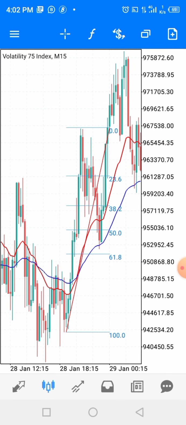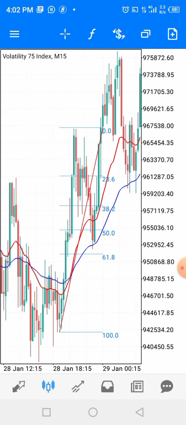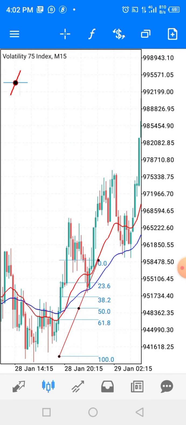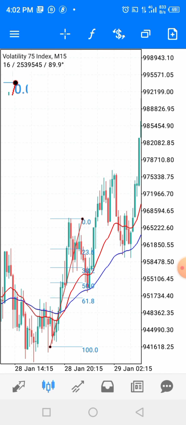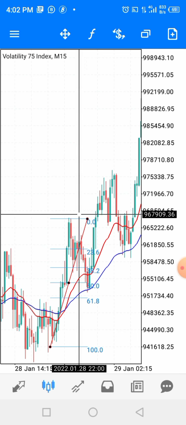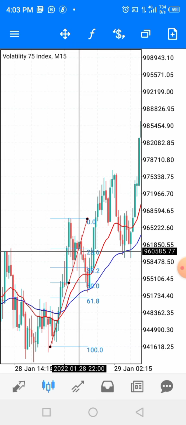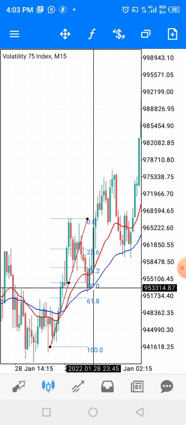Normally we use the 61% and the 50% Fibonacci retracement levels in trading. Those are the points where price reverses. So you drag from the low to where price is currently at. Let's say price was still around here and it started reversing back. Now we want to know where price will reverse and the reversal will be completed.